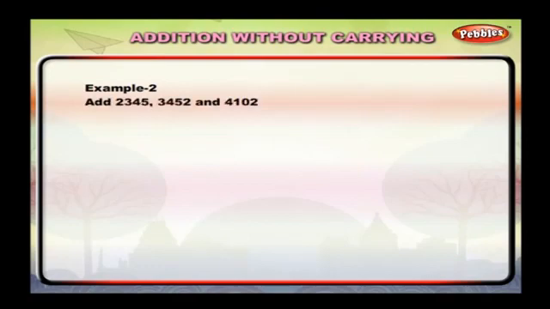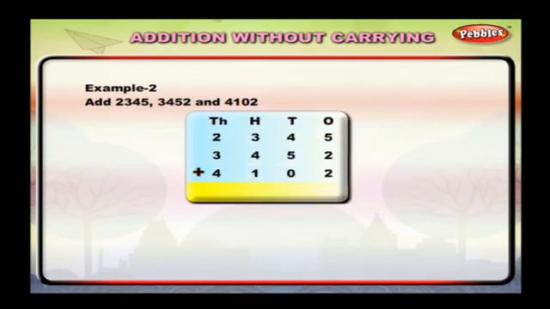Example 2. Add 2345, 3452 and 4102. First, arrange the numbers in columns of ones, tens, hundreds and thousands.